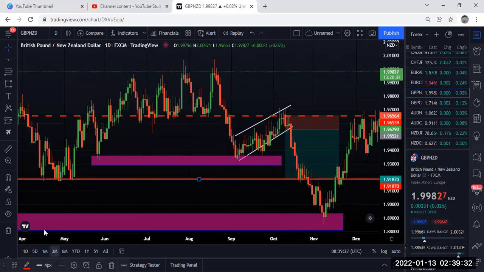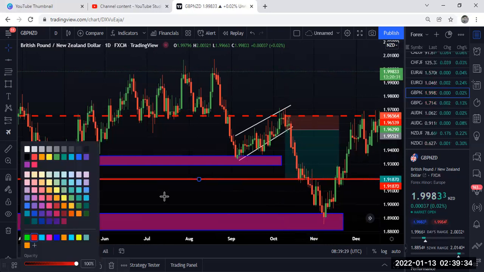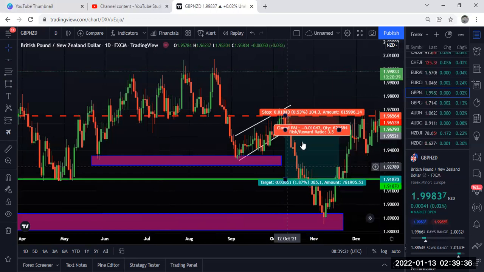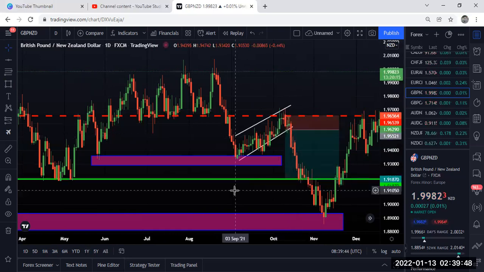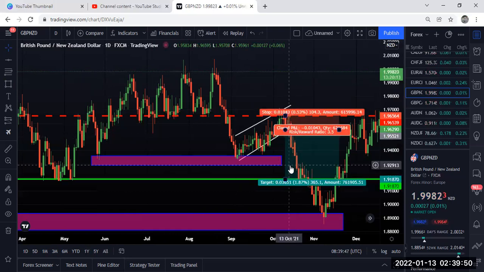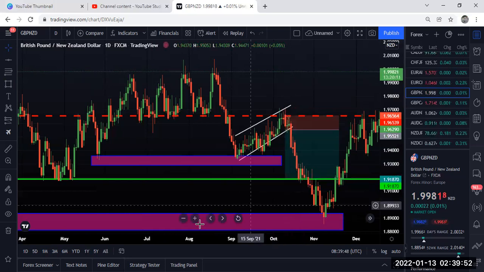It's a line, green. So I risk 104 pips to make 365 pips in about 1, 2, 3, 4, 5 days. 5 days. So not even a week, I make 365 pips.